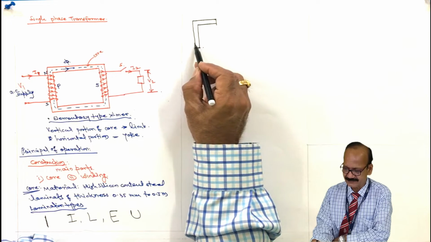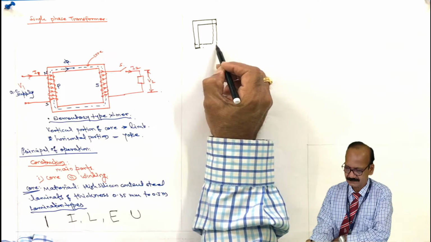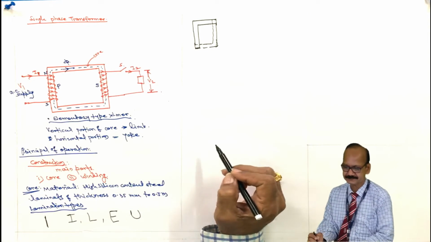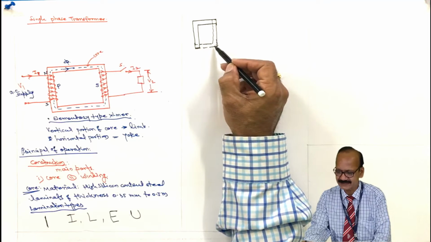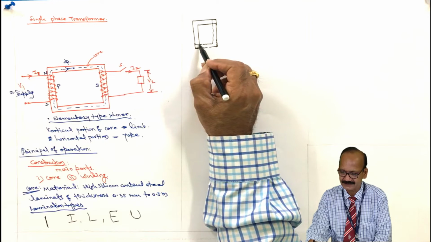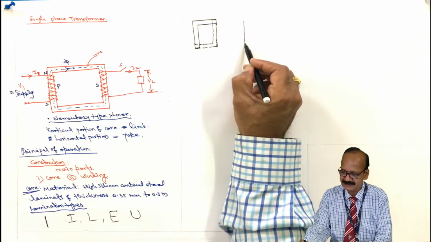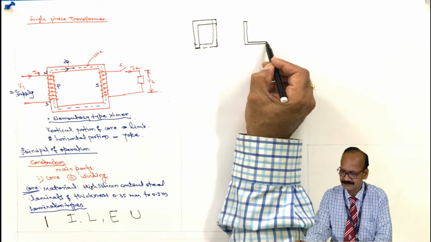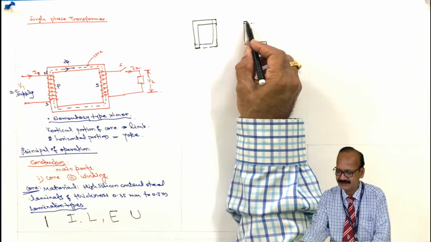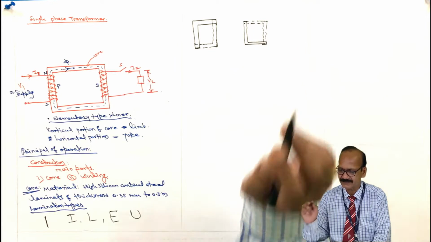On this side, the first layer will be like this, an inverted L, and on the opposite side the L. So it forms the core.